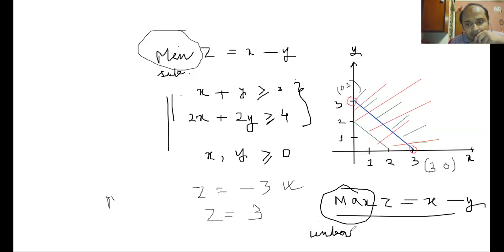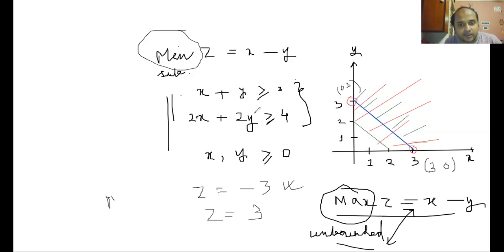So the same problem is actually changing its shape depending upon what objective function you have and what constraints you have. Constraints and objective function affect the problem very much. I am again repeating, the problem was of minimization type, so we got minimum values corresponding to the corner points.